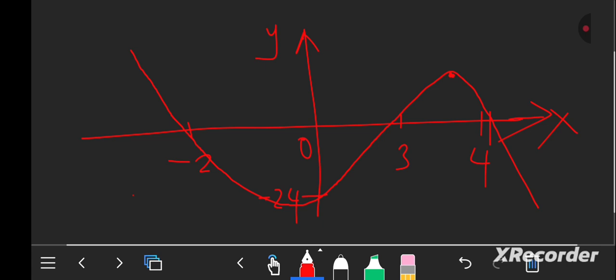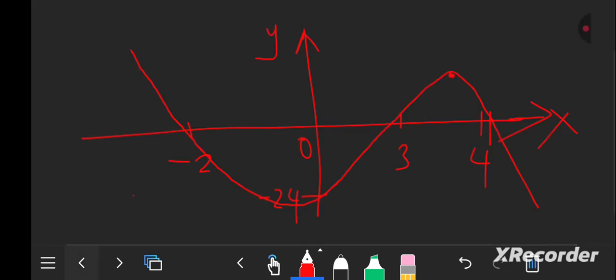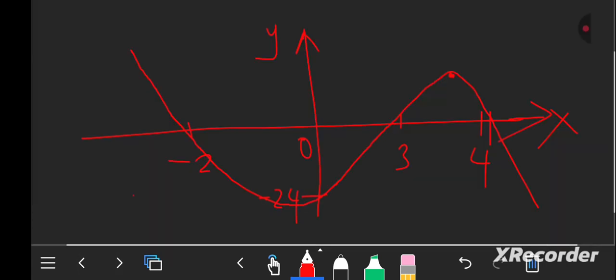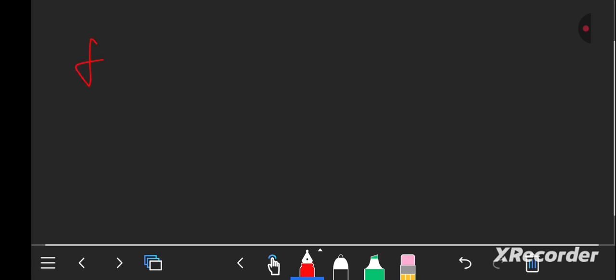So we'll use the function which we had. The function was f of x, same as y. So y is equal to -x cubed plus 5x squared plus 2x minus 24.